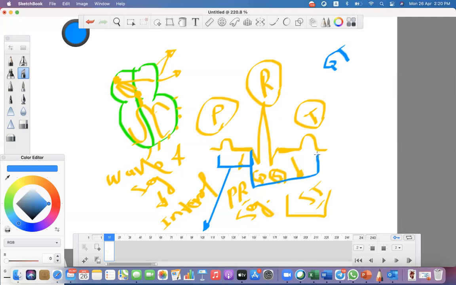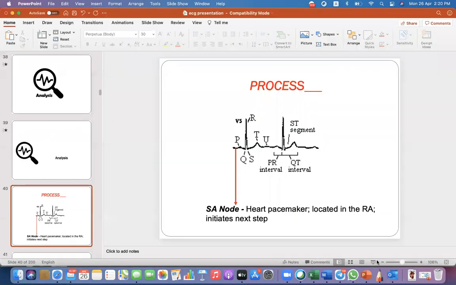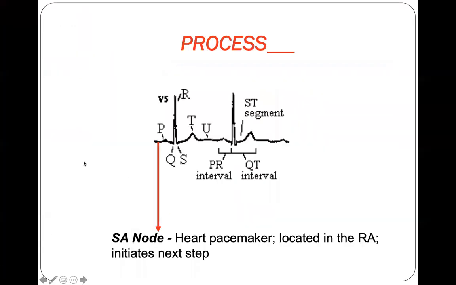If you see, this includes ventricular depolarization and ventricular repolarization. So the QT interval represents the whole activity of the ventricle, depolarization and repolarization. These are two important intervals in the heart. And we have segments. The first one is the PR segment, and the second one is the ST segment. Let's go back to the presentation and see in depth these waves.